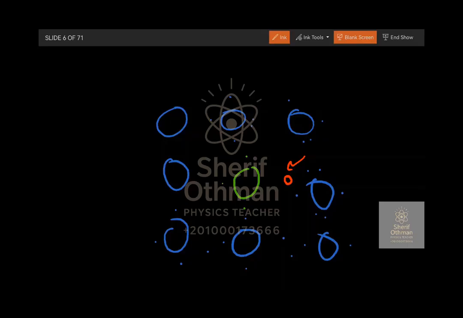This hole requires an electron from a neighboring atom, so it's going to borrow it. The electron is going to move from here to here to close the hole and make these atoms stable, which means the hole is going to move from this atom to this atom.